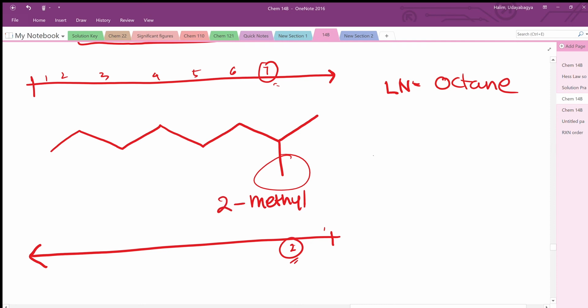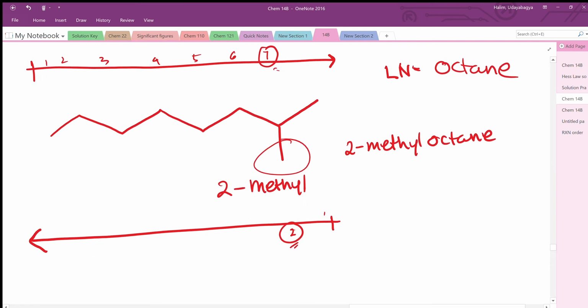And the complete name of it is going to be 2-methyloctane. If you were to give us the name 2-methyloctane and we drew it on the actual number 2, is that the same? Yeah. If you were to draw it, remember these things are floppy.